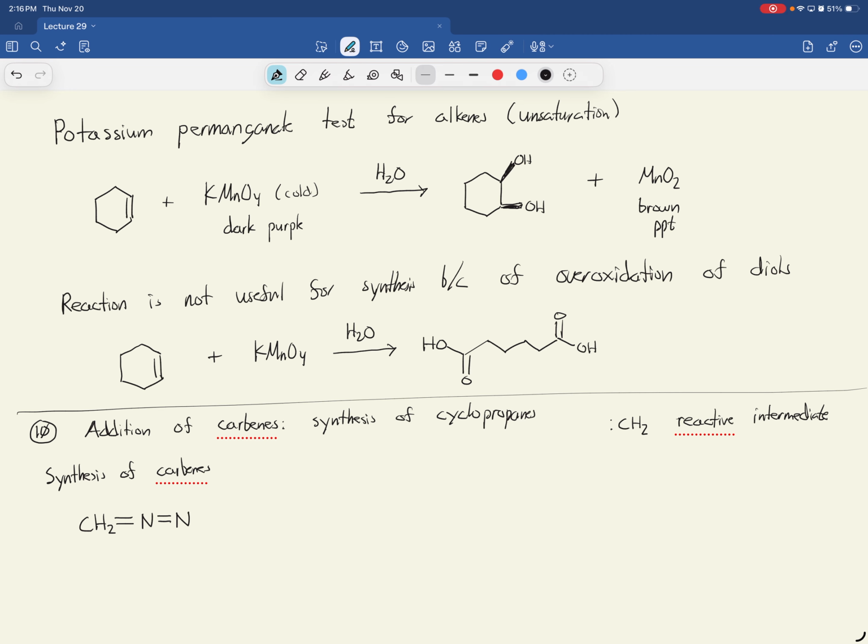Just by looking at it, you can think this should be really unstable. It is. It's shock sensitive. If you drop it, or get a speck of dust on it, it will explode. So that's why we don't handle it anymore. When people handle it in the lab, I ran away. It's so explosive. So this is called diazomethane.